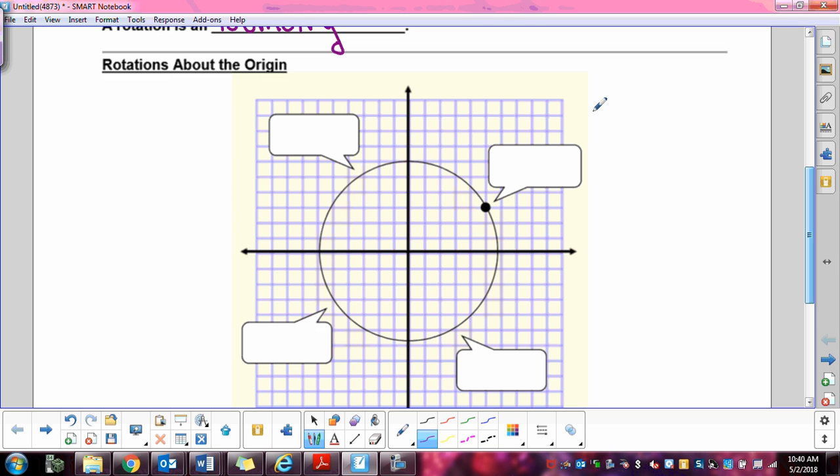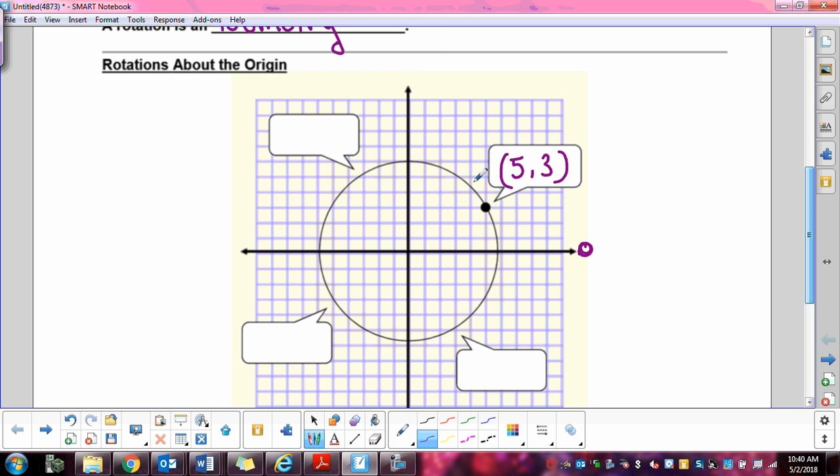So say we have something right here, this point, and maybe it is at 5, 3. We have to remember to put parentheses around our numbers to make it an ordered pair. So this is 0 right here.